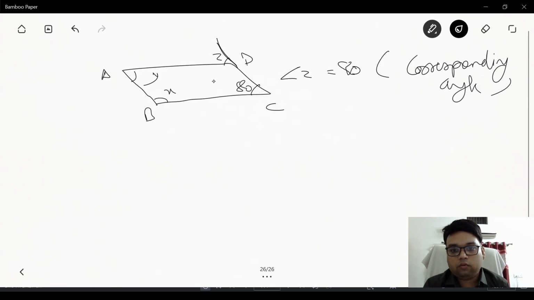Now if this one is 80 degrees, then this one is 100 degrees. Which property is used here? I already taught it in the previous question. Tell me which property is used here.